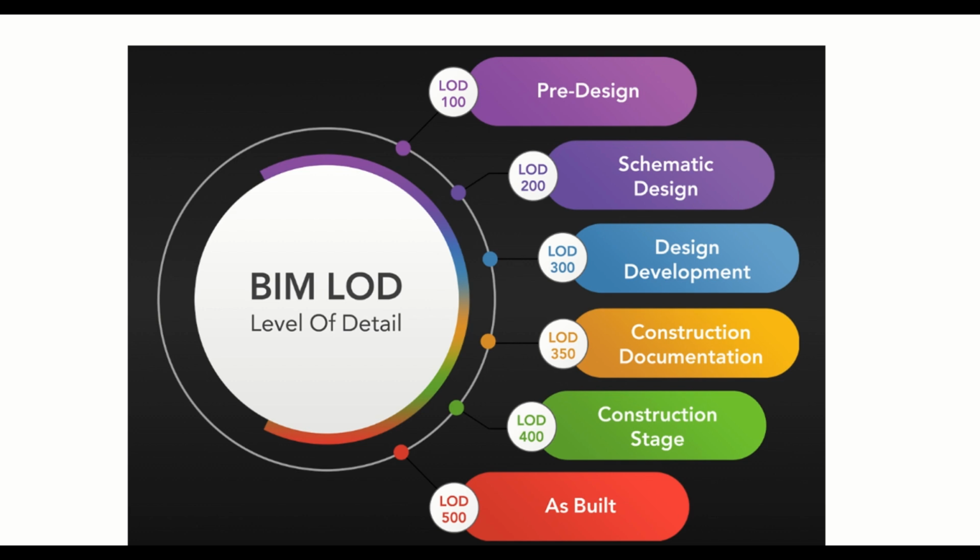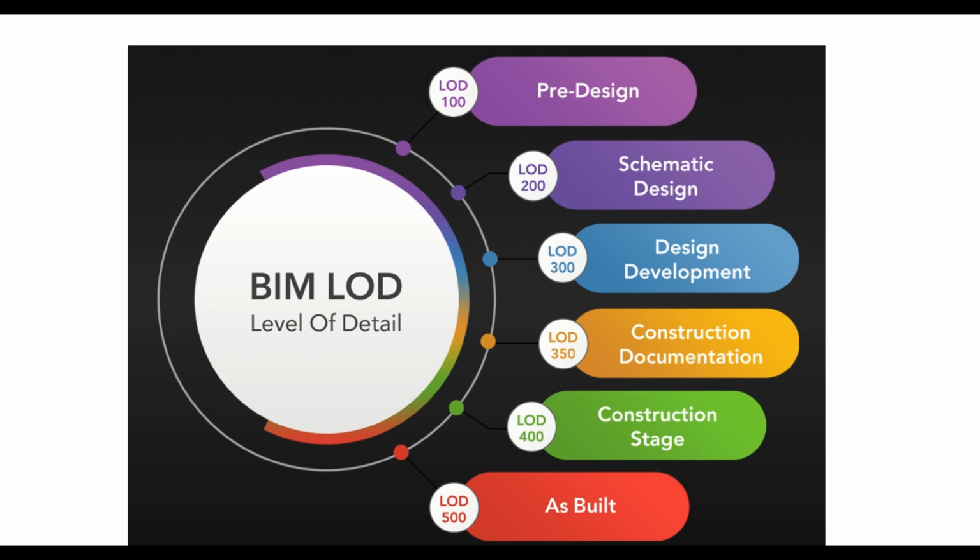Every service or piece of equipment will have its barcode, so that any maintenance guy can scan the barcode from their device and read the instructions given at the LOD 500 stage by the stakeholder of that particular service.